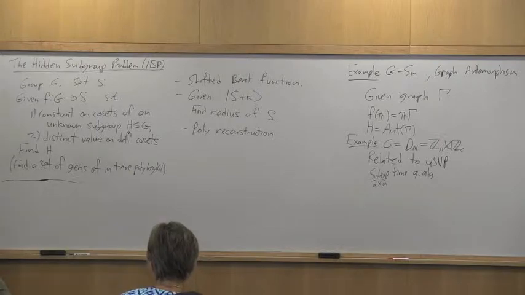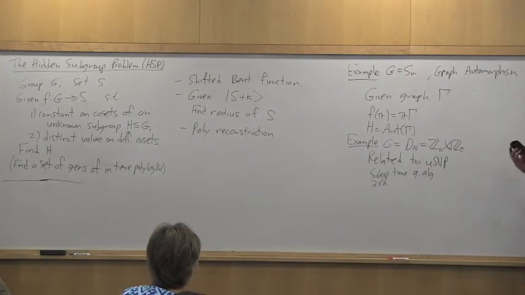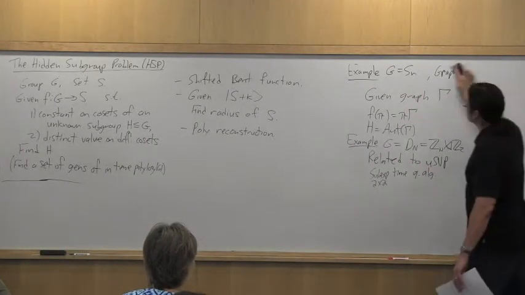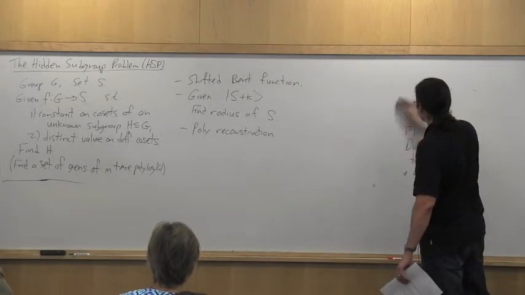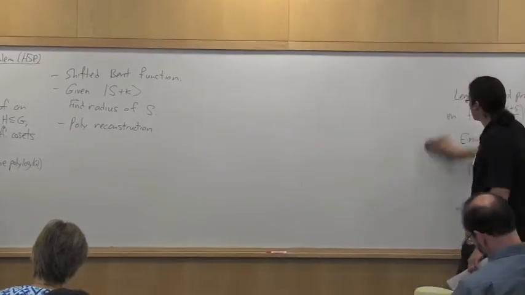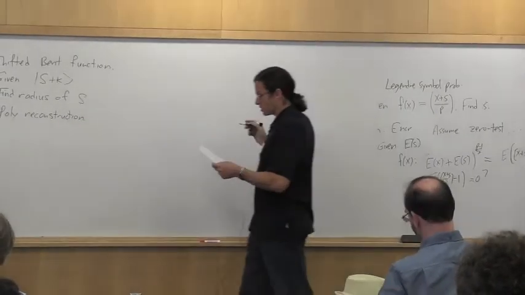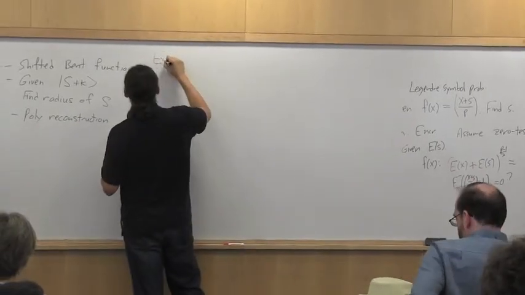Now I want to go back to the hidden subgroup problem and talk a little bit about what happens when you go to the reals. And then we start running into number fields. Problems over number fields. Okay, so this will be the last example here.